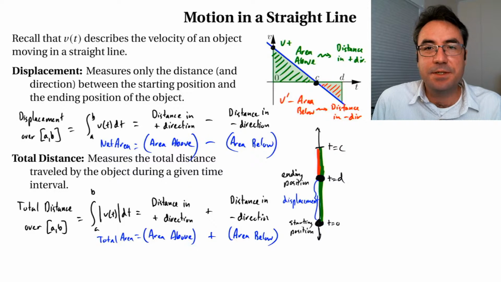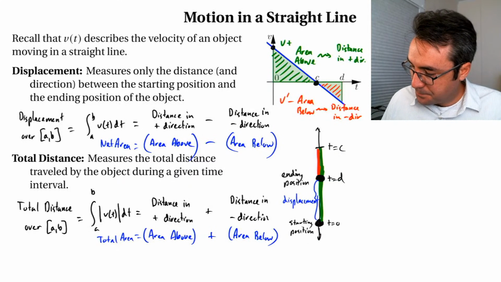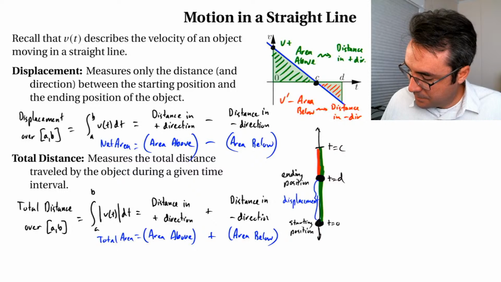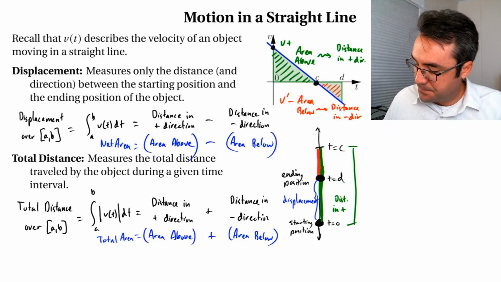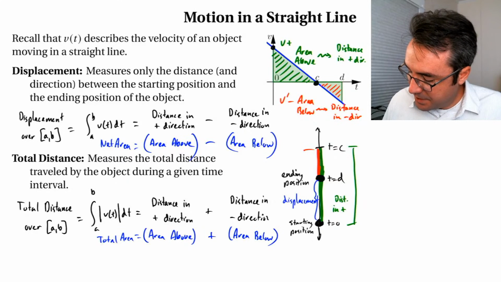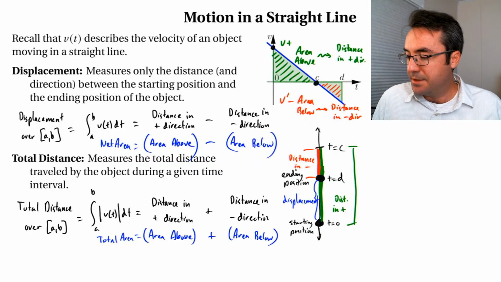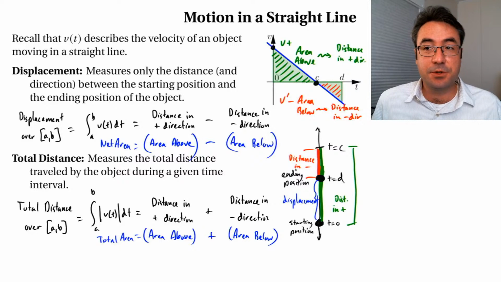Now what total distance is measuring is how far did we travel? We have this distance here, which represents the distance in the positive direction, and this distance here, which represents the distance in the negative direction. Total distance adds those two distances together.